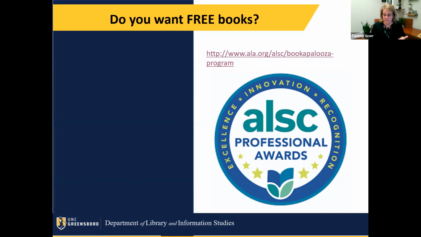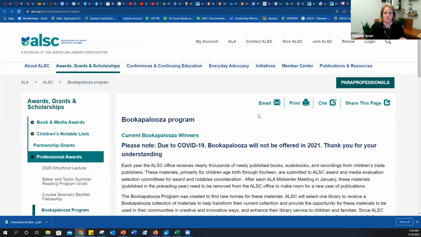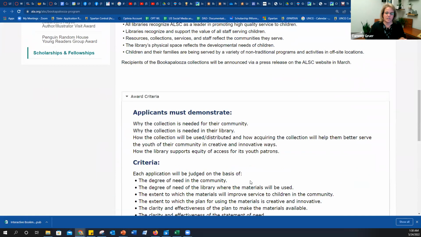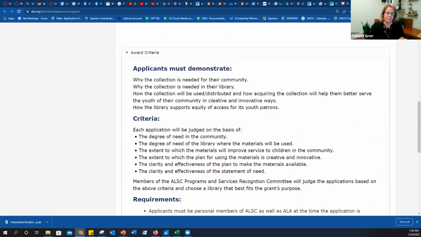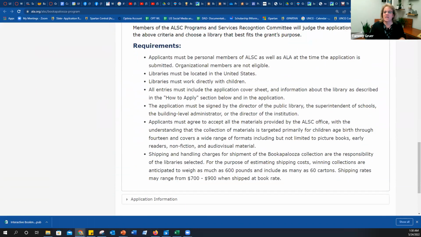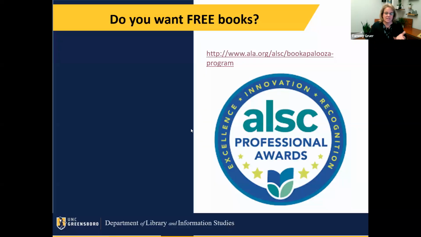These would be all the books that they've looked at, which could be hundreds, right? On this Bookapalooza program, it still says that due to COVID-19 they did not offer them in 2021, but I'm sure it's going to update for 2022. It gives you the application, what you must demonstrate, the criteria, and the requirements. So if you haven't checked that out, definitely something I suggest.